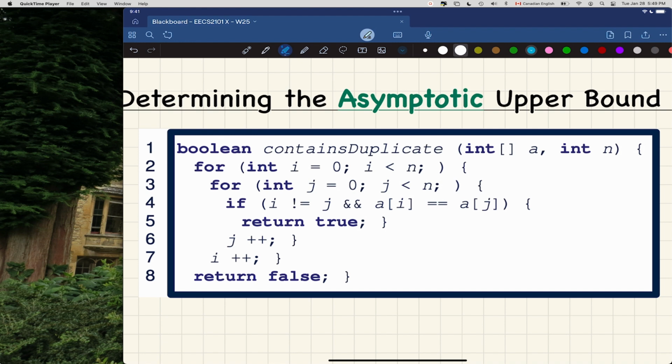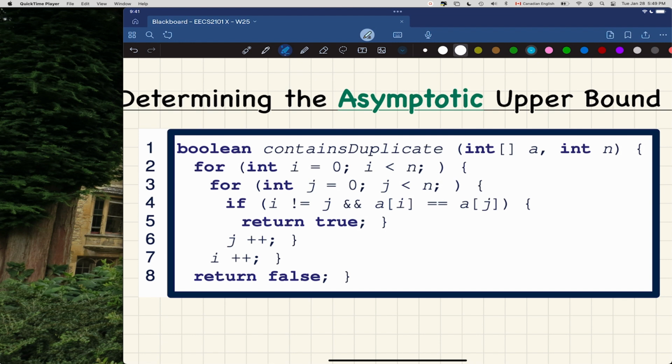I just want you to guess what the tightest asymptotic upper bound should be. Just take a guess, and then we're going to derive it after that. Any guess? N squared?